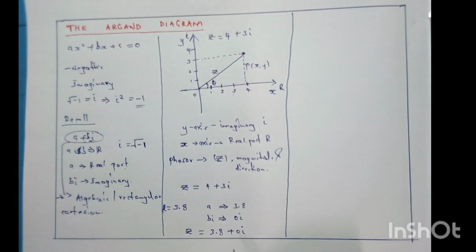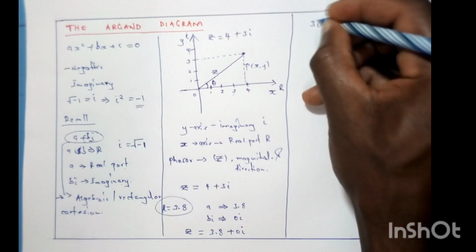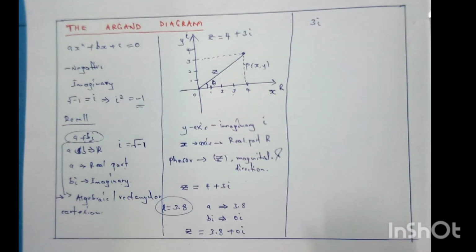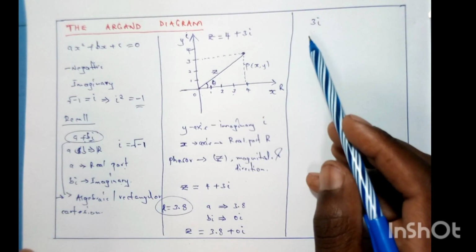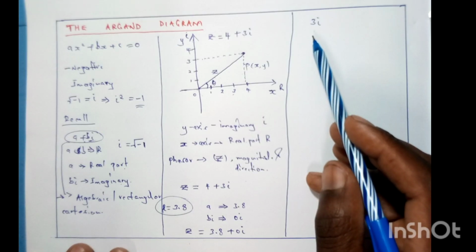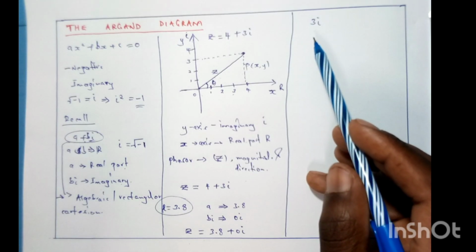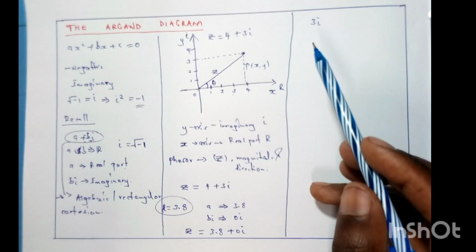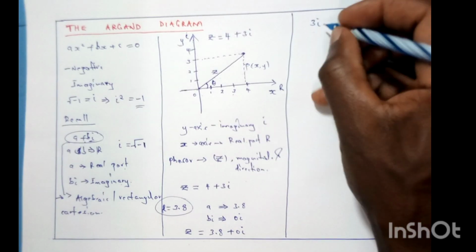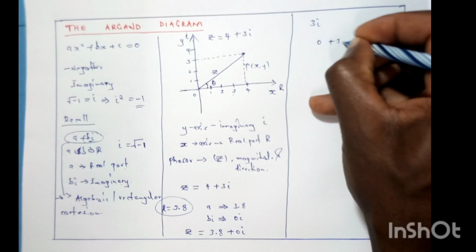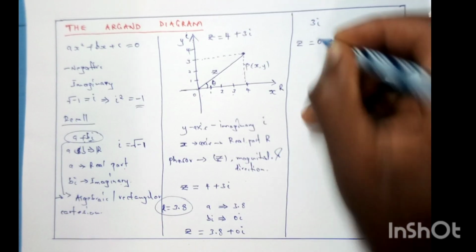So suppose I have a purely imaginary number like 3i, which is going to be 3 units, and therefore I can give this one as well as an imaginary number that is only imaginary and considered as a complex number having a 0 real part. So this one can be given as 0 plus 3i.